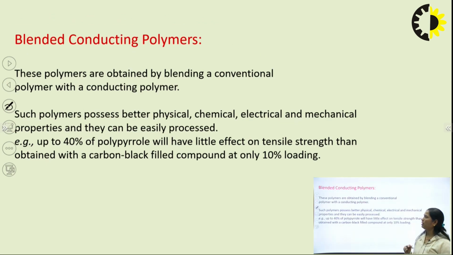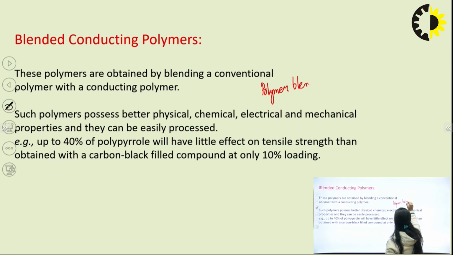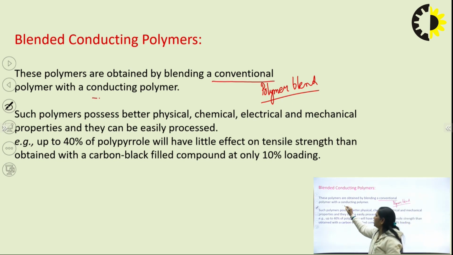Another one is blended conducting polymer. In this, we are actually making a polymer blend, in which we take any conventional polymer and mix it with conducting polymer.